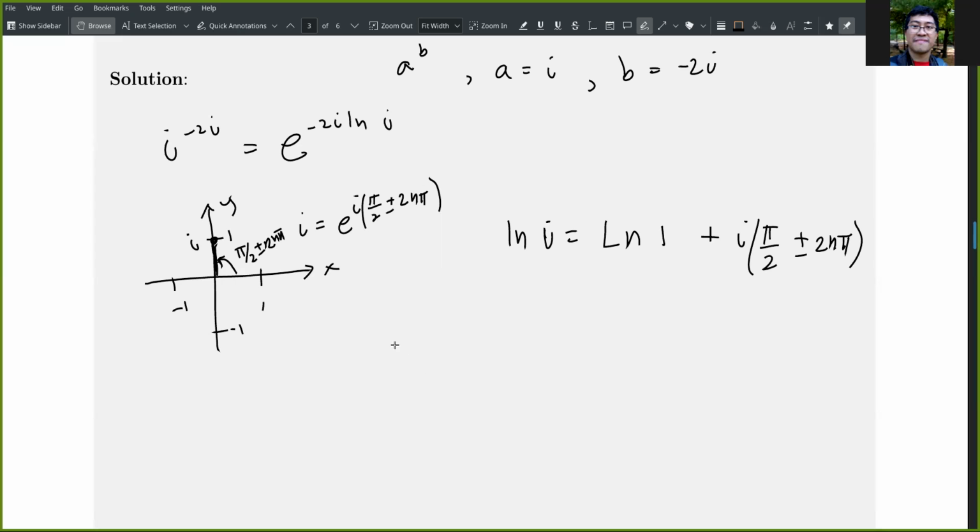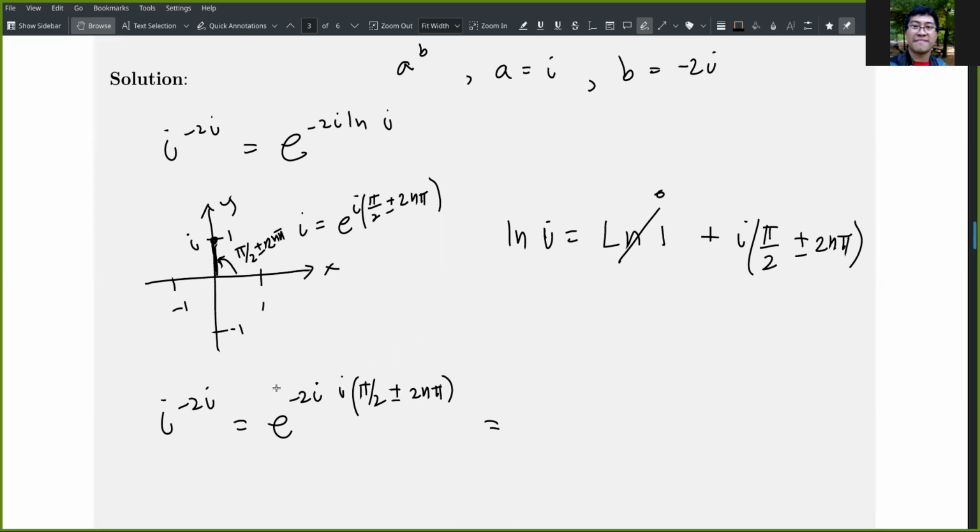Okay, so we simplify. So we write i to the minus 2i, that's equal to e to the minus 2i times ln of i, which is this. Ln of 1 is 0. Okay, so we have i pi over 2 plus and minus 2n pi.